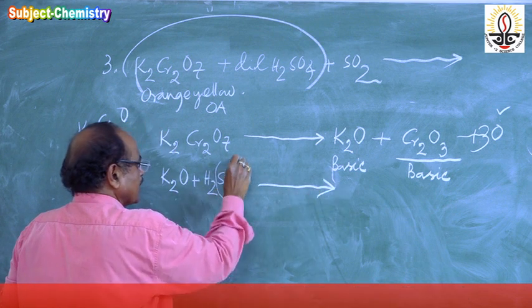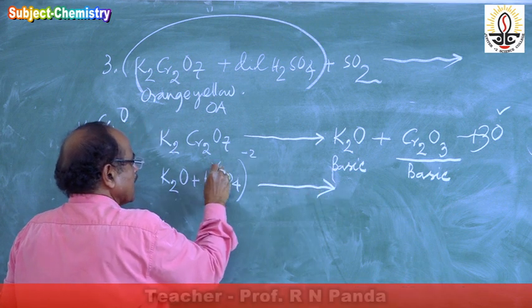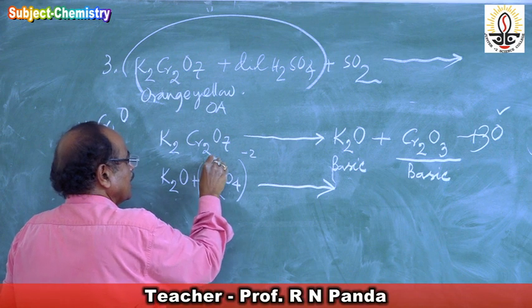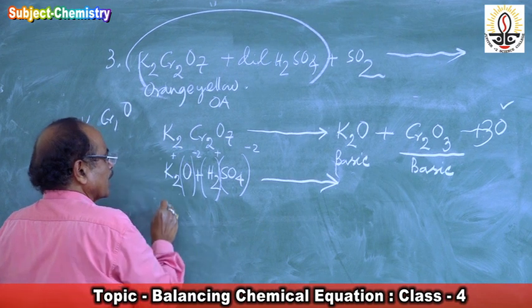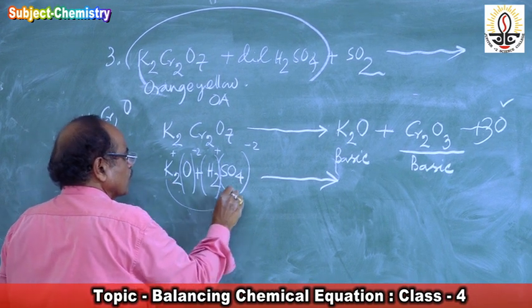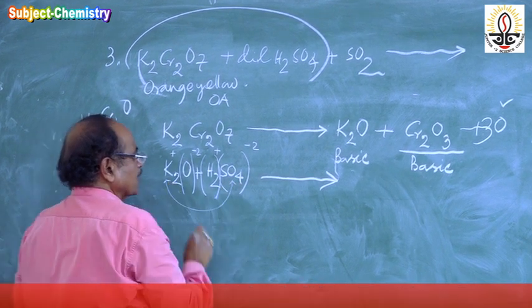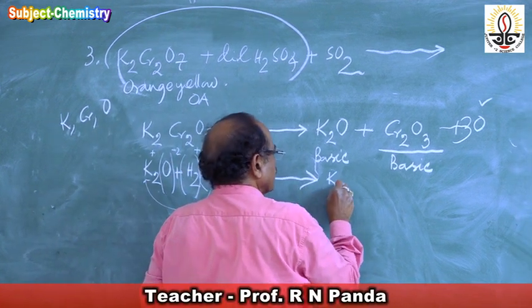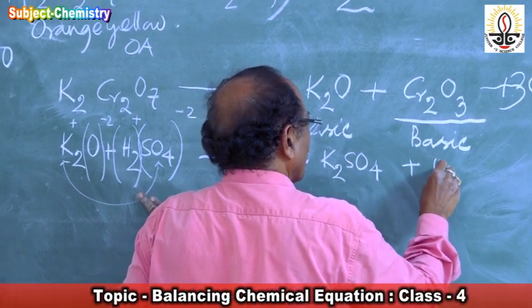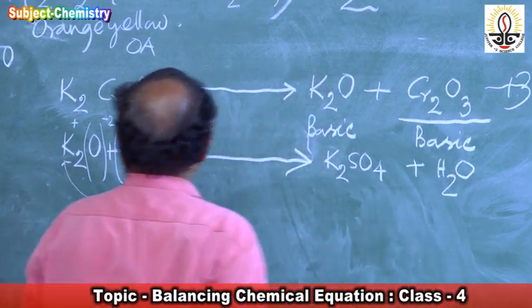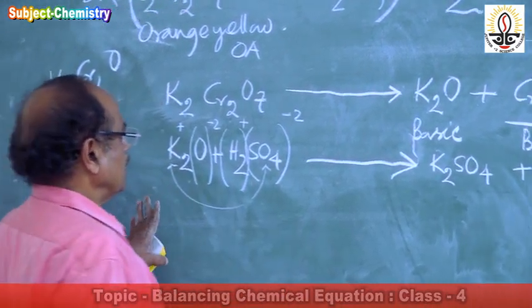This is sulfate minus 2, hydrogen plus 1, oxide minus 2, and potassium plus 1. So potassium will react with sulfate to form potassium sulfate plus water. It is balanced.